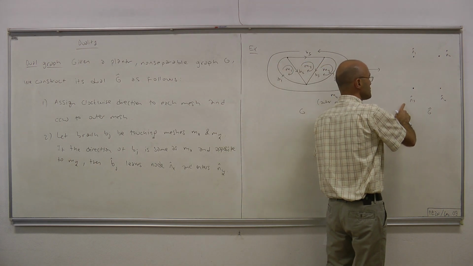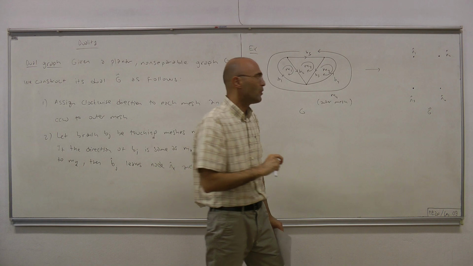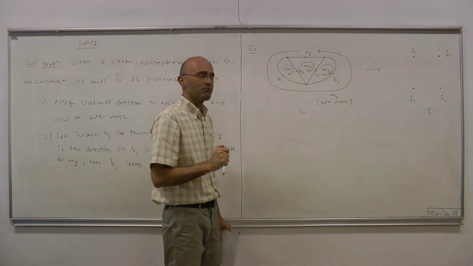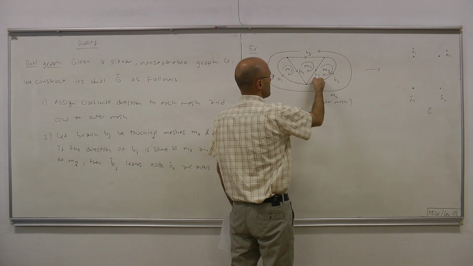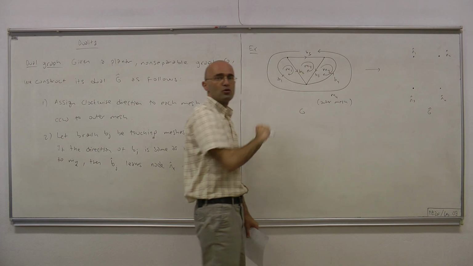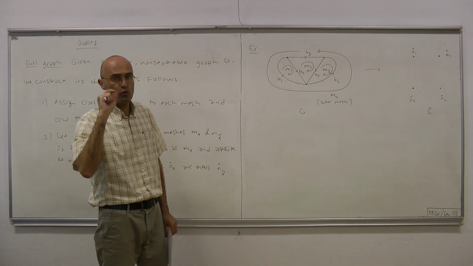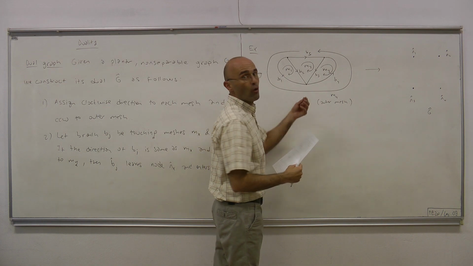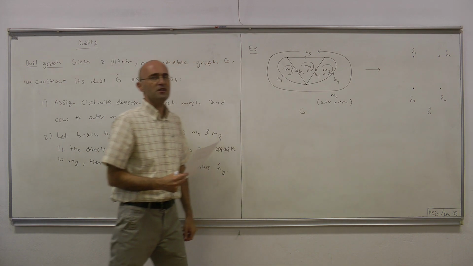So B3 hat must be between two nodes, okay? And we have to determine what pair of nodes B3 lies between, and also from which node to what node it's drawn. Okay, we also have to determine this direction.